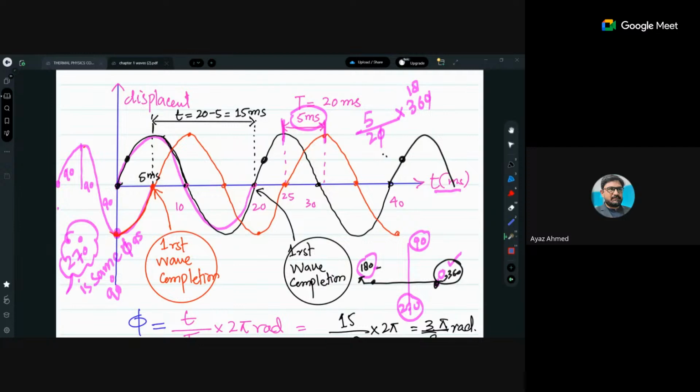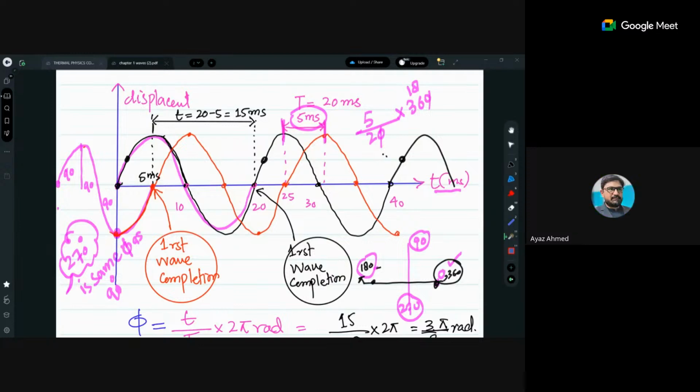So I will consider these two waves and find their phase. These waves are definitely out of phase. It seems that they are out of phase, isn't it? Yes.